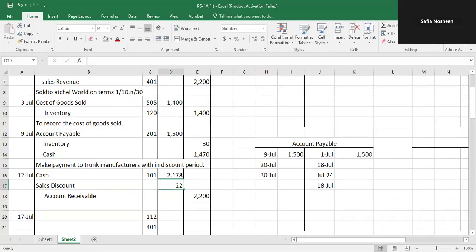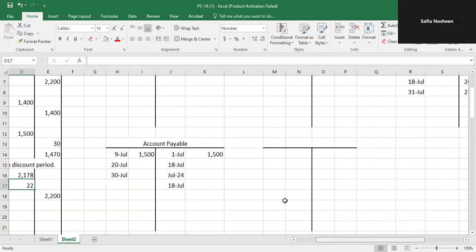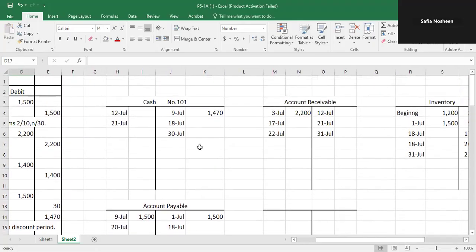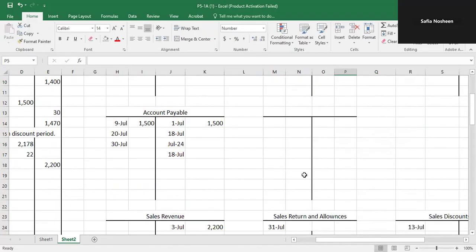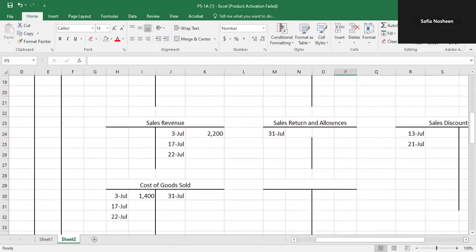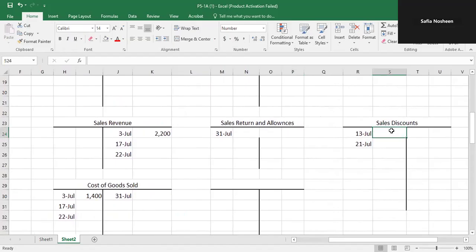So 22 is the sales discount. So now we post it. And accounts receivable of 2200 is reduced, and 22 will be recorded on the sales discount on the debit side.